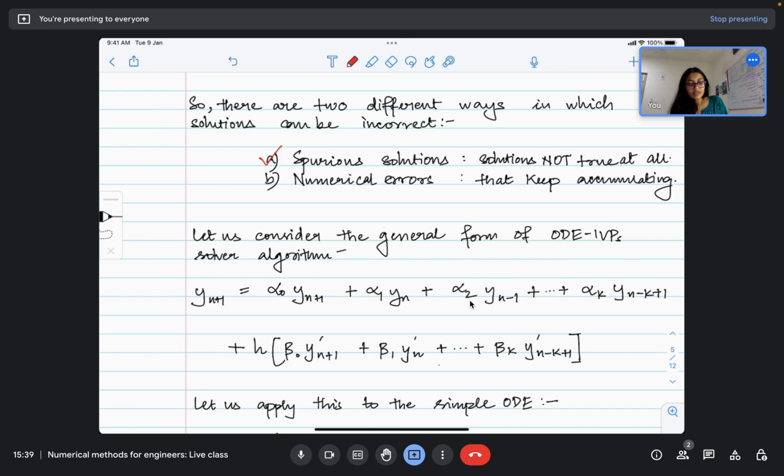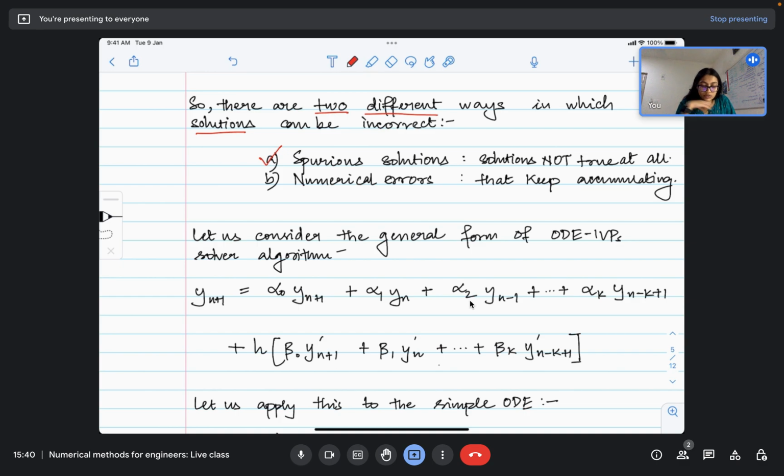So there are two different ways in which solutions can be incorrect. Okay, so when we are trying to study the stability, one of the important things that it's necessary for us to understand is how can we even go wrong, and hence understand whether the solution is not matching with the true solution, and hence the technique might be unstable.